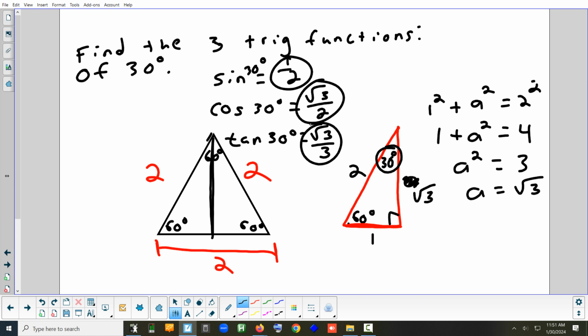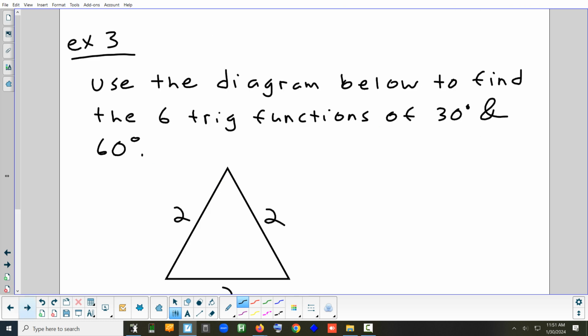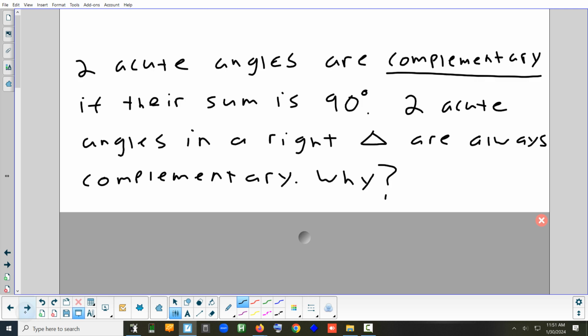The only difference is if you use the 60, the opposite and adjacent perspective switches. That's all. Okay. Is there any question on that one? That's what we just did.